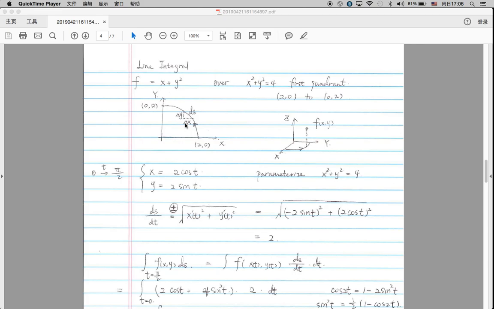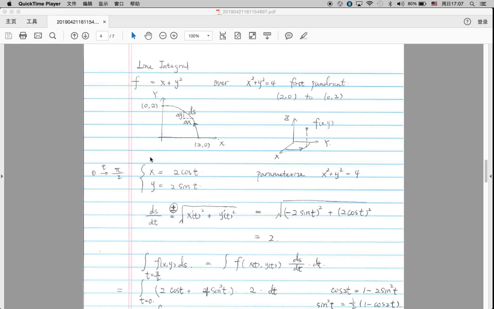So let's say we have a very small value of x and small value of y, and then the arc length of this curve is basically just delta x squared plus delta y squared, take the square root, and this will give us the arc length here.